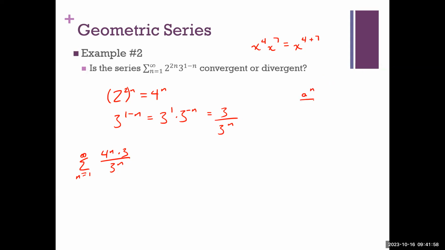I have a to the n over b to the n, and I say this is true. Okay, that's in fact true. So I am going to rewrite this one more time as 3 times 4/3 to the n.